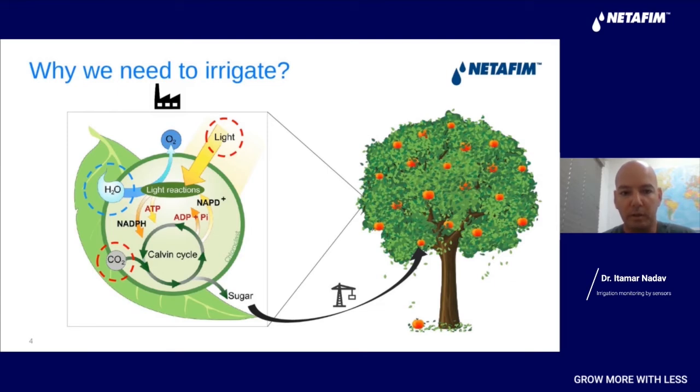We need light, we need CO2, and of course, we need water. The water is something that we can adjust and control. The light and the CO2, we cannot control. So we can control the amount of water that we apply in order for those tiny factories to keep on running and producing yield.